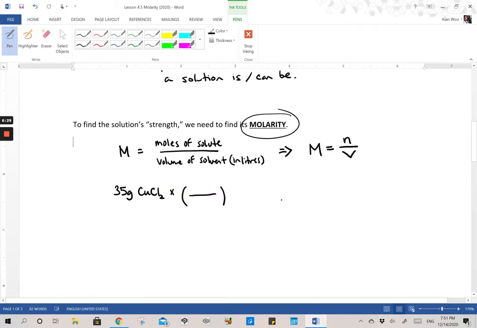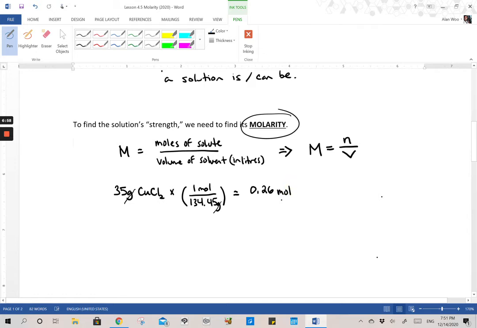The molar mass of 1 mole of copper chloride is actually 134.45 grams. We've made this type of calculation many times before, so hopefully it stays in your head. And we figured out that this actually comes out to be 0.26 moles.